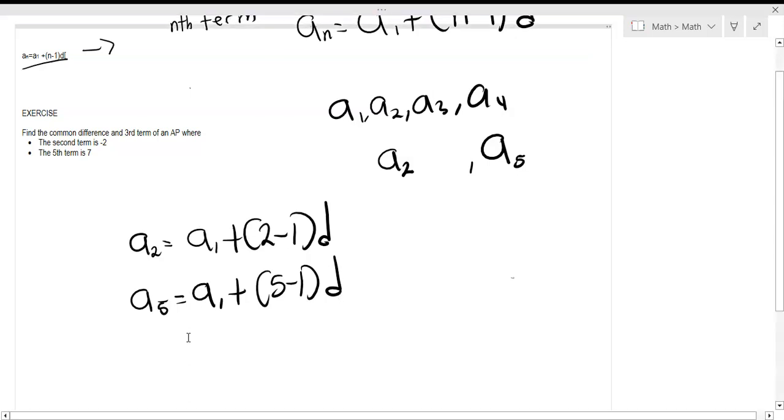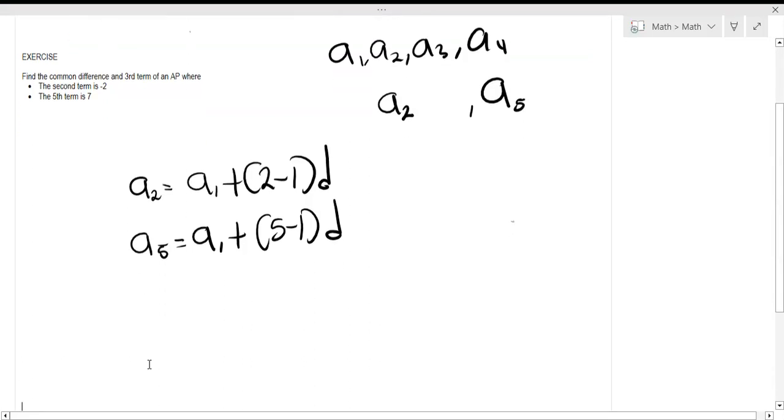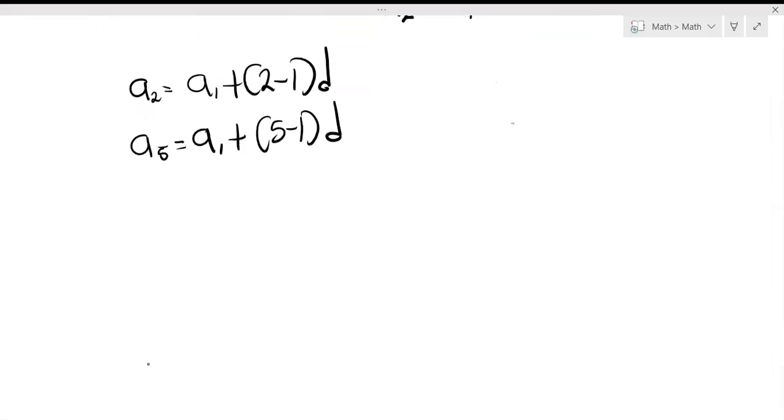Our a2 is minus 2, so minus 2 is equal to a1 plus 2 minus 1, which is 1, and 1 times d gives us d. Then our a5 is 7, because a1 plus 5 minus 1, that's 4, 4 times d, that's 4d.